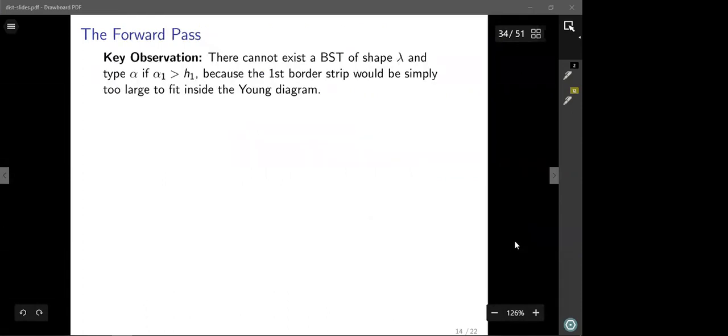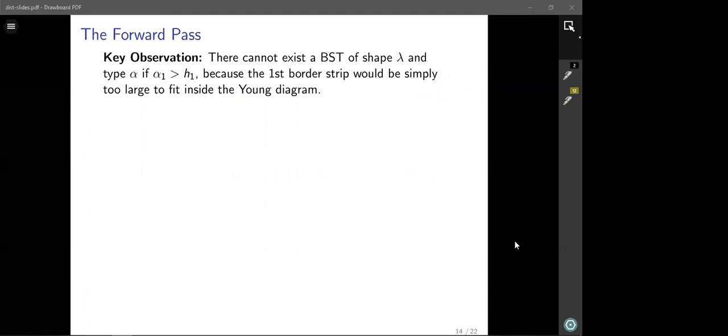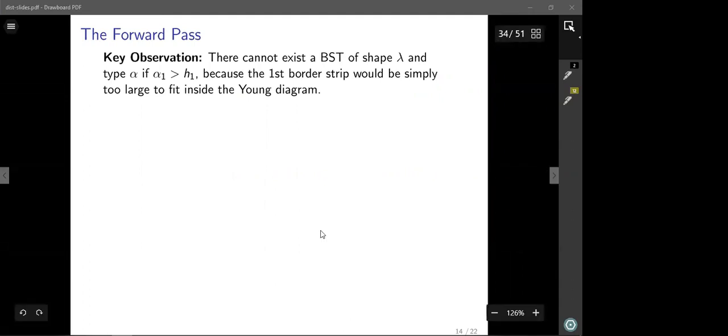All right, so now let's go back to our original problem. We're talking to this person who has a secret lambda, and we're trying to submit queries to figure out what's going on. So here's the key observation. Suppose there's a shape lambda, and I now submit a query alpha with a very large alpha 1.